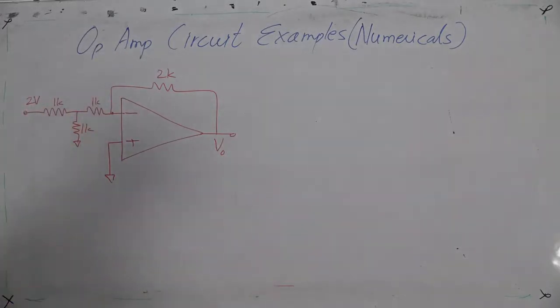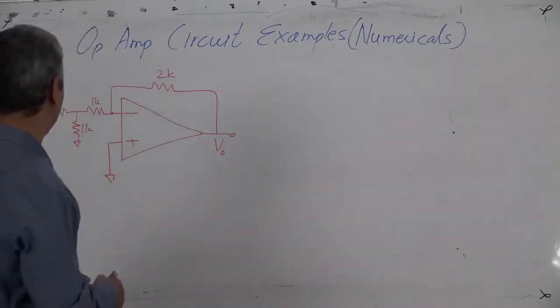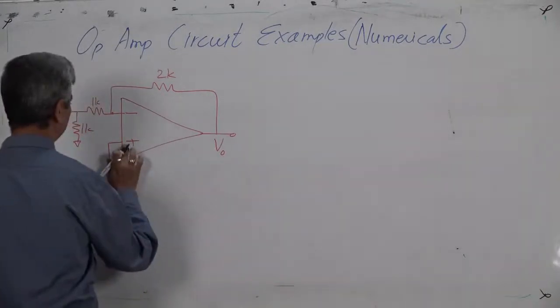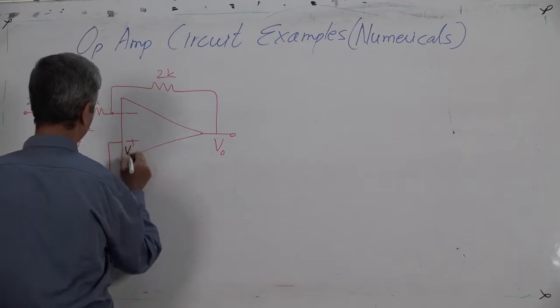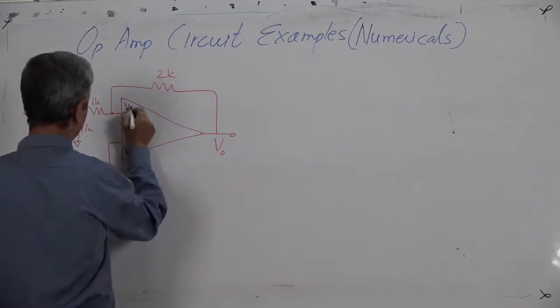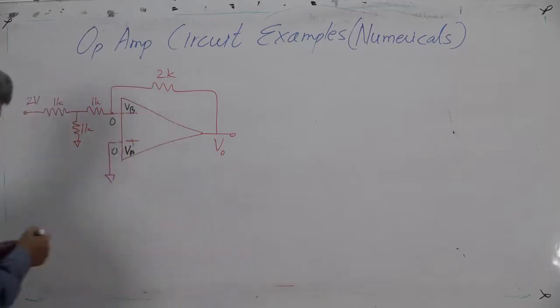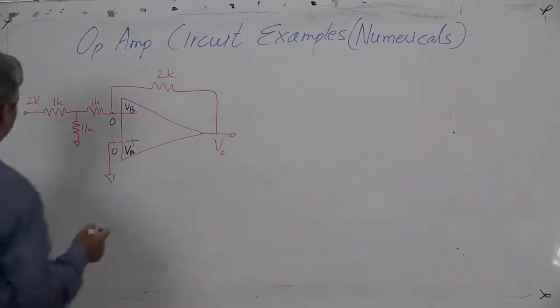Now how will you proceed? Again, apply simple common logic. This is 0 volts, no need to calculate. So write just this as VA. This is VB. So this is 0, so this is 0. Disconnect already. Then how do we proceed?